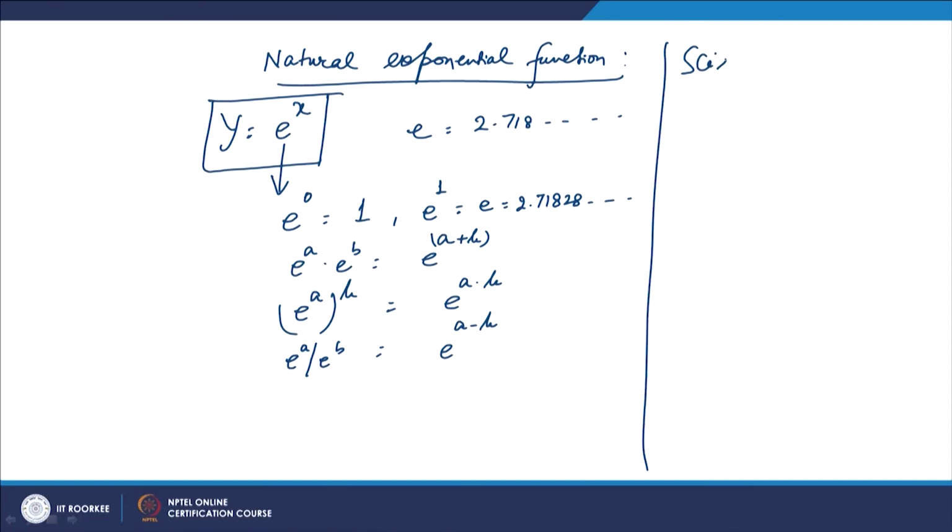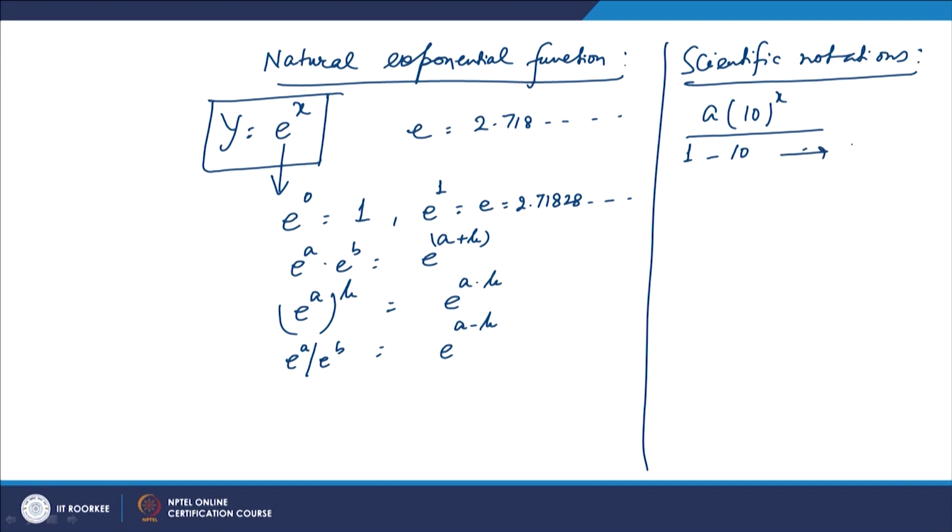So when we talk about the notation of any number, what we see is that in the most convenient form we write it as a into 10 raised to the power x. So the value a is taken from 1 to 10, so it will be varying from 1 to 10, and you are trying to express that number with 10, and then this will be the exponent.